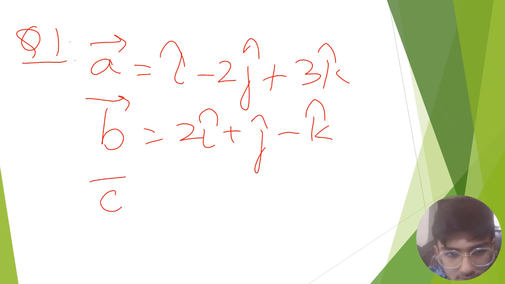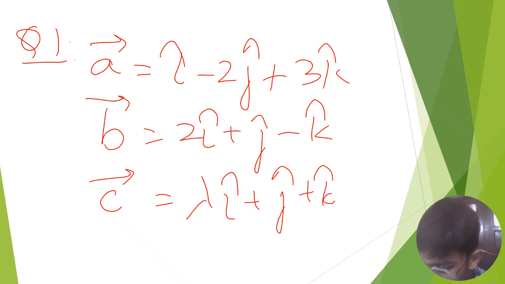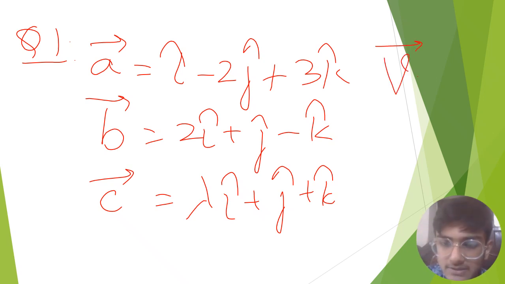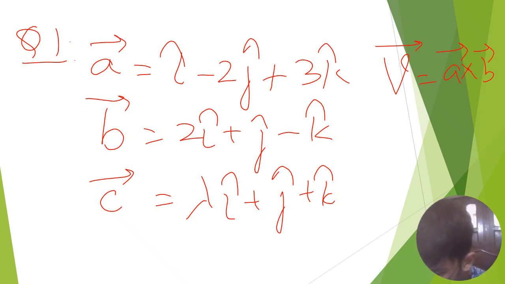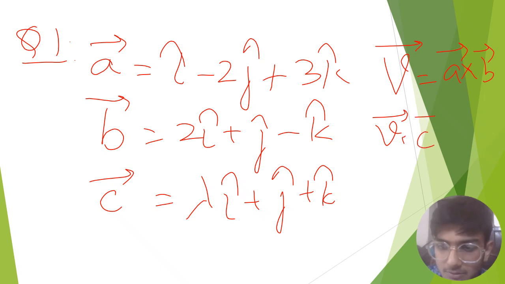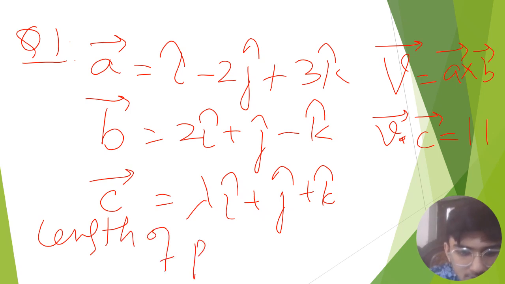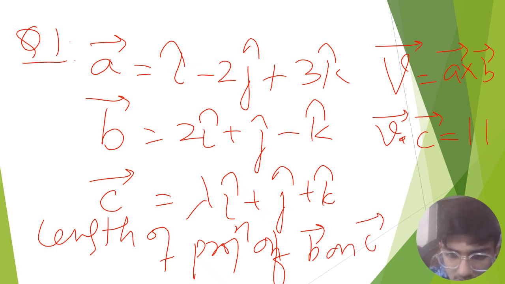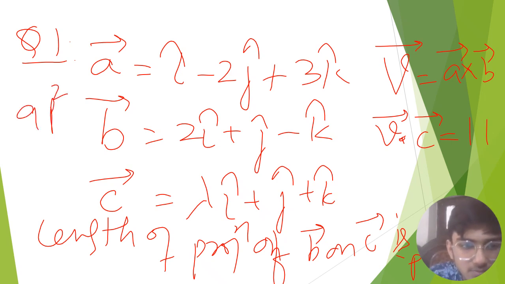Okay, and your C vector is given as lambda I cap plus j cap plus k cap, and there is a V vector which is A cross B, and it is also given that V vector dot C vector is 11, and the length of projection of B vector on C vector is P. Okay, and we are required to find 9P square.